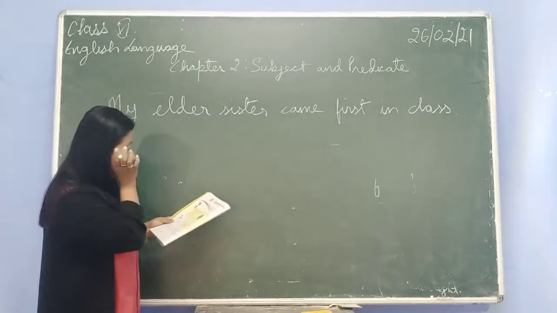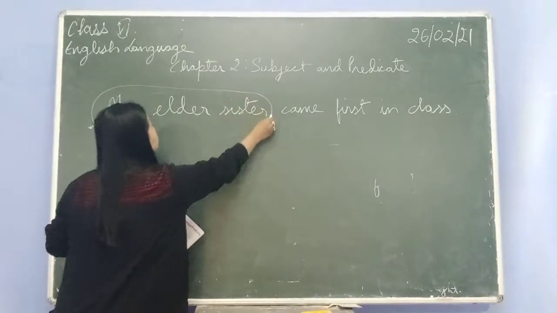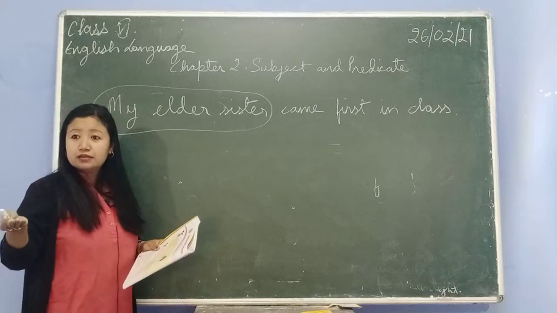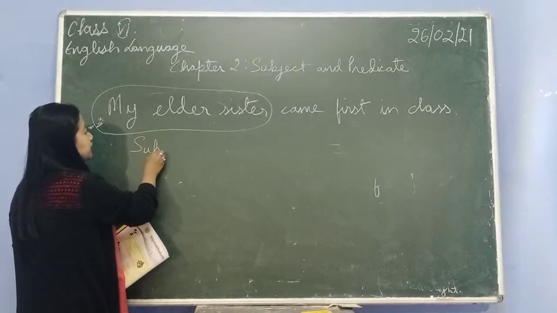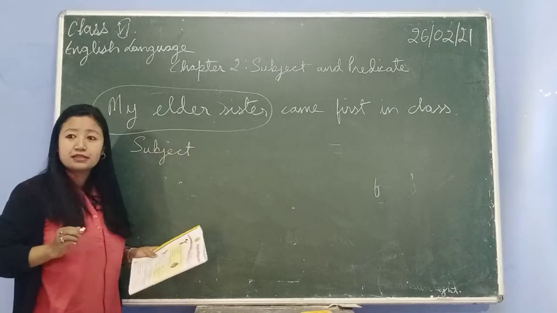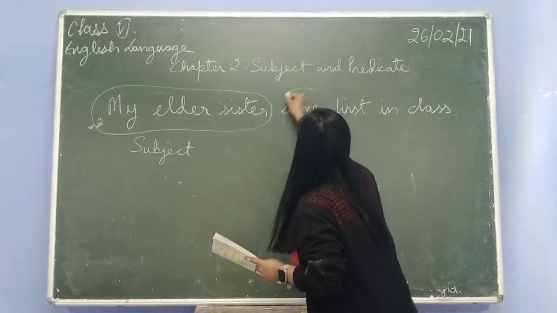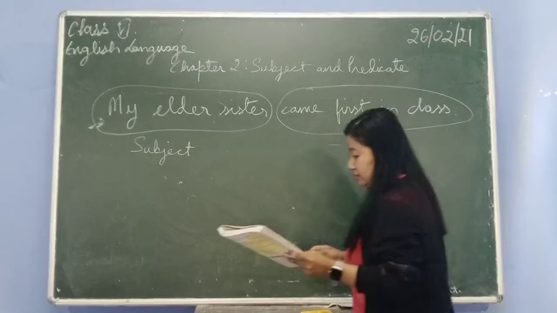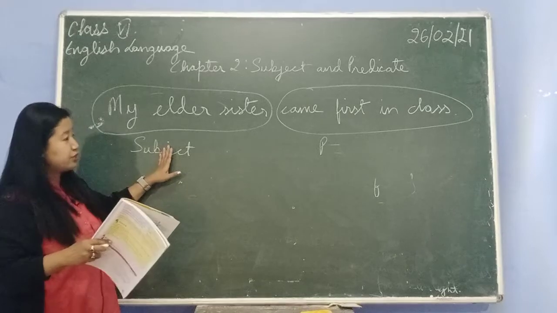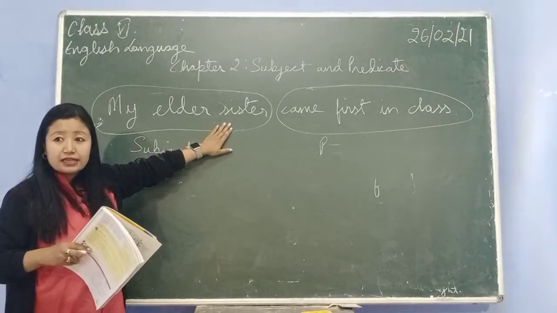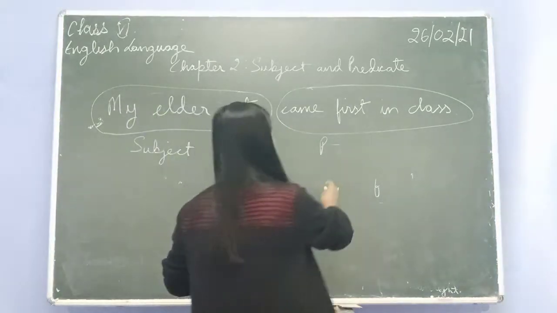When I told you your subject can be one or more than one word, so "my elder sister" will be the subject. What will be the predicate? What your elder sister does: "came first in class." This is your predicate. You're talking about your elder sister. What did she do? She came first in class. So this is your predicate.